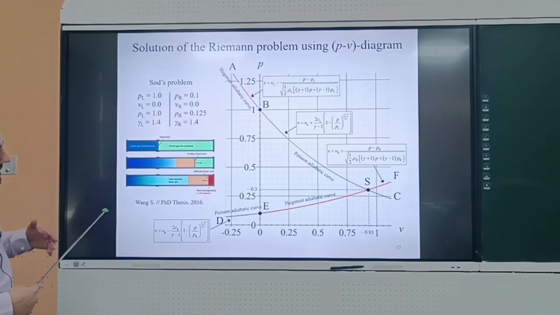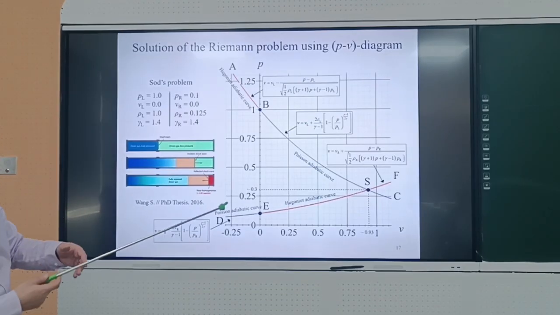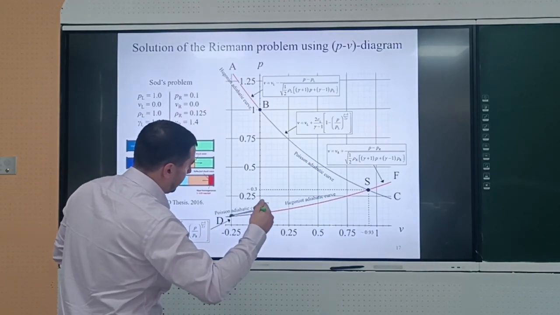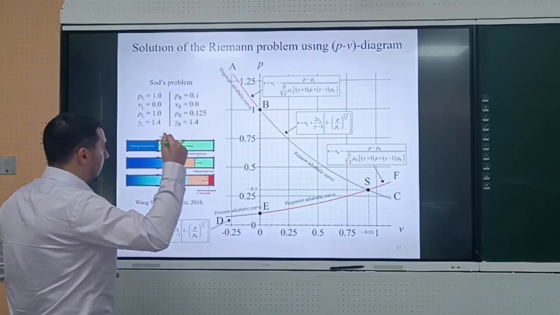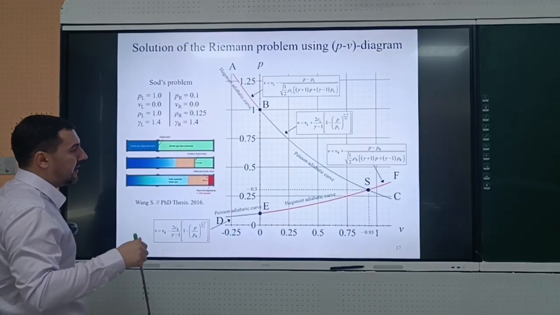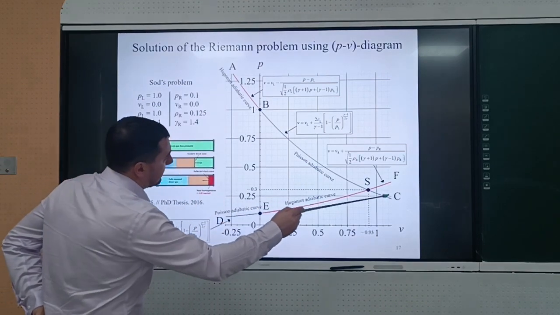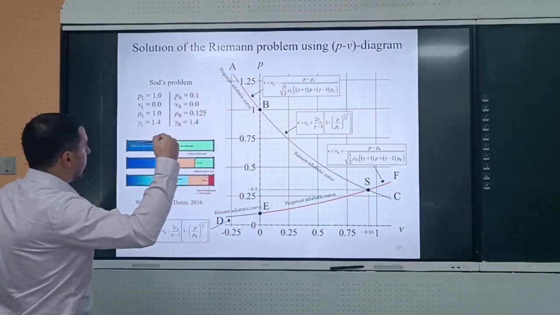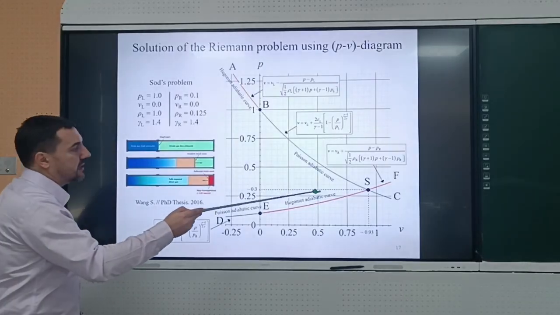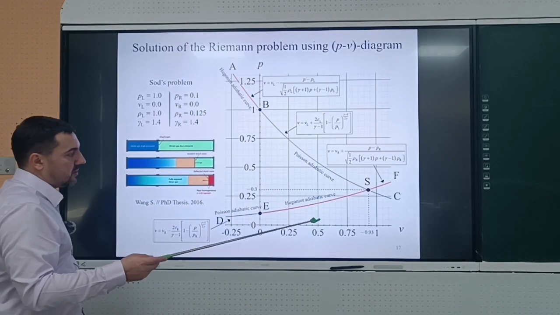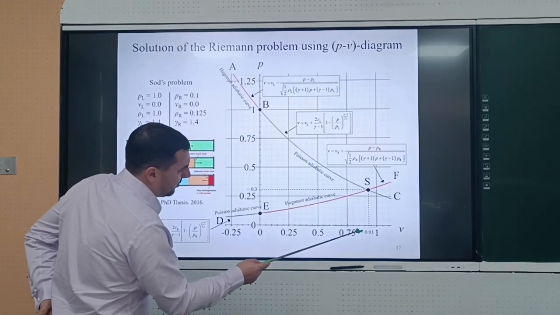And the solution, the parameters at the contact surface, will be at the intersection between this DEF curve for the gas to the right of the discontinuity and the ABC curve for the left gas. You can see it will be some point S, and the coordinates of this point S will be about 0.93.